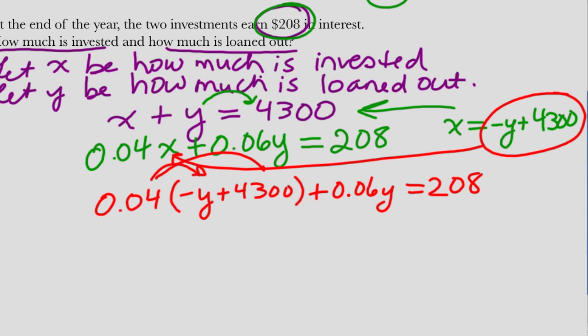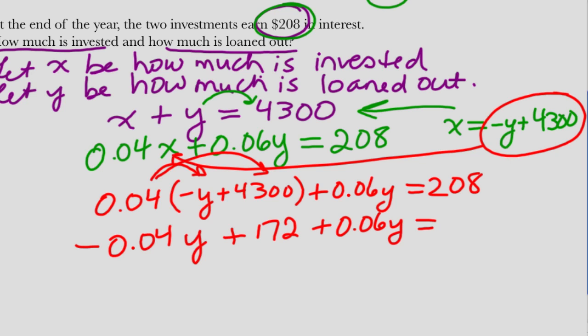So we could multiply through, and when we do, we get 0.04 times negative y plus 172 when we multiply, plus 0.06y equals 208. We could combine our y terms together. So notice that there is a negative 0.04 and a positive 0.06.